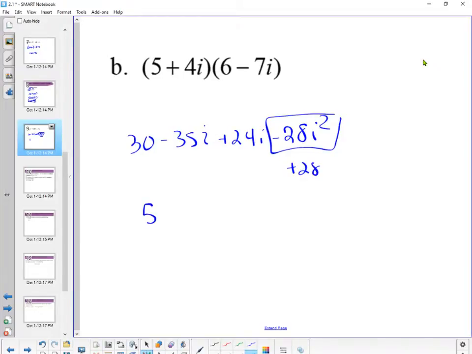So I've got 58 minus 11i. What's the real portion? What's the imaginary portion? Negative 11i. Beautiful. Fantastico.